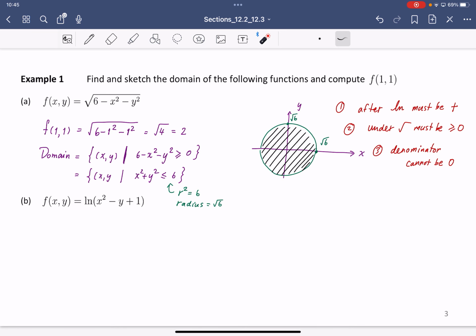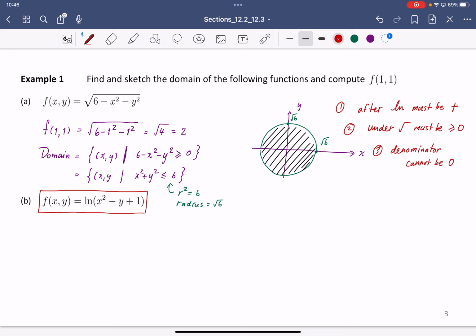If you know that you are not good at graphing, it's time to become an expert on it, because when you integrate, you need to graph a lot. You need to graph the region that you integrate with respect to. So next one, we're going to do f(x,y) equal to log of x squared minus y plus 1.